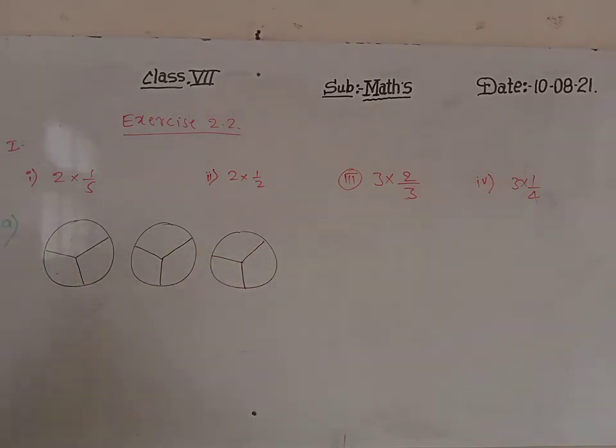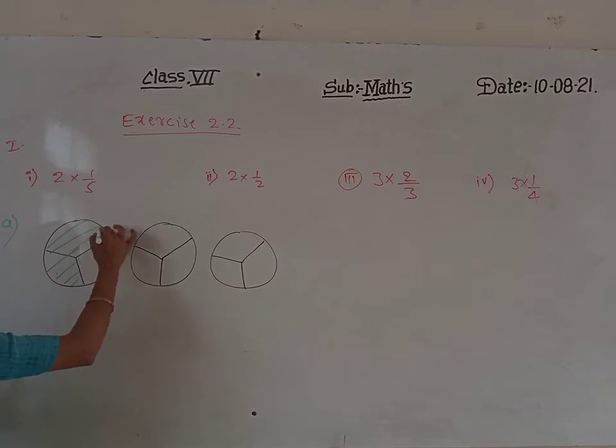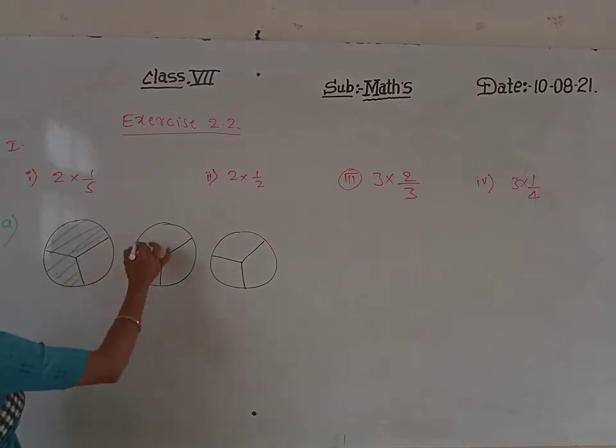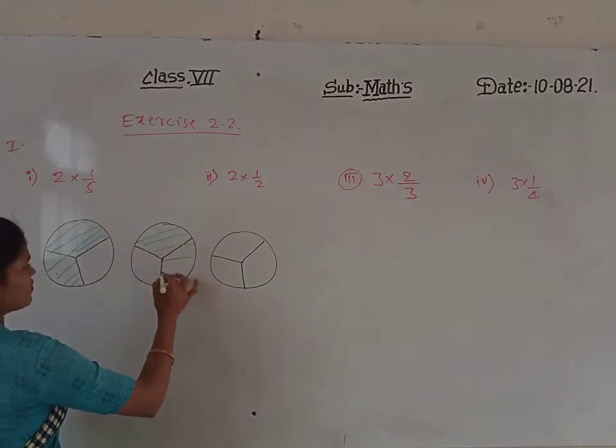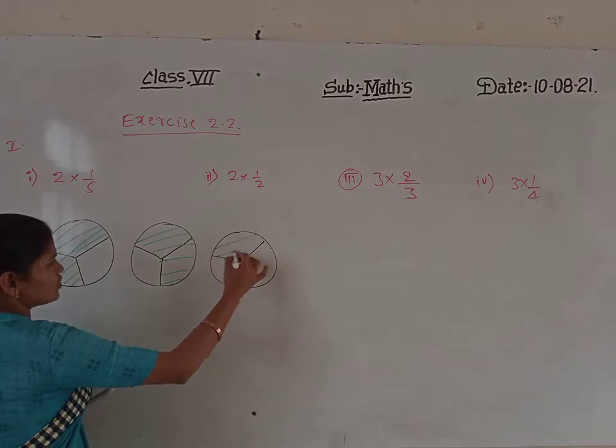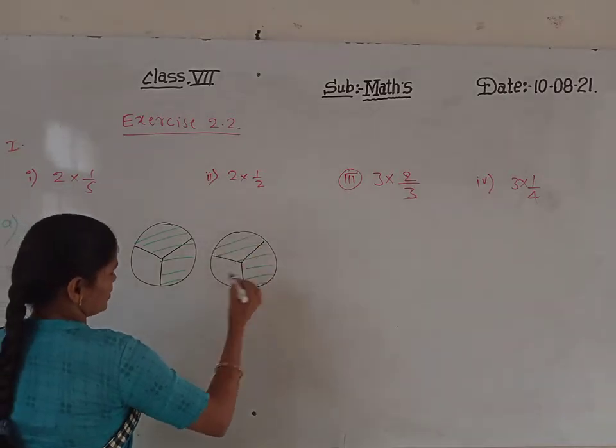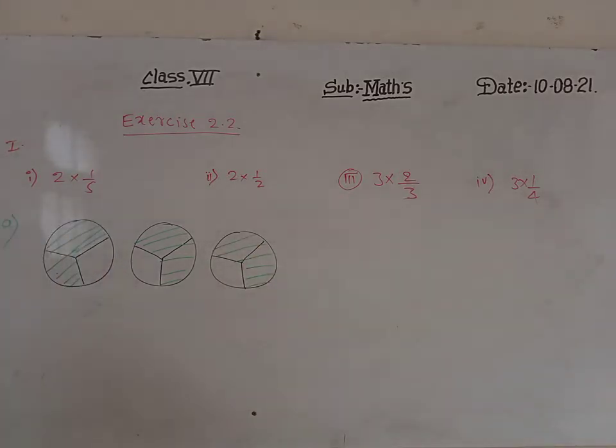Out of these 3 equal parts, from each ball, 2 parts are shaded. Just observe here, 2 parts are shaded here, and here also the 2 parts of this ball are shaded. Please write the fraction for this one.